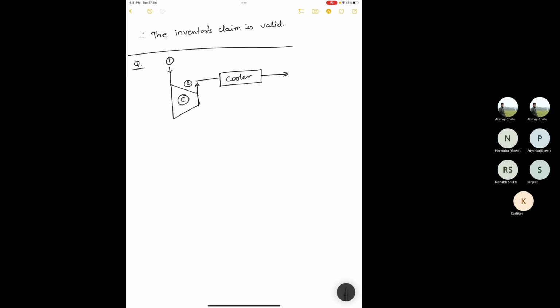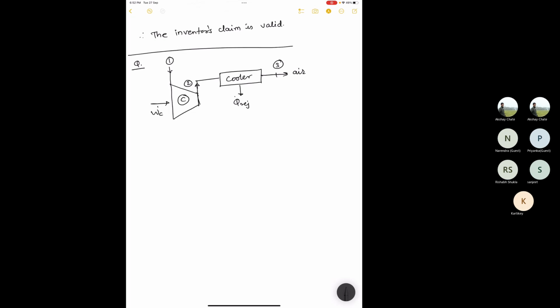And then you supply this air for a desired application. This is your third point. Here, heat is rejected. Since it's a compressor, you have to give some work input to the compressor. And the working fluid is air.